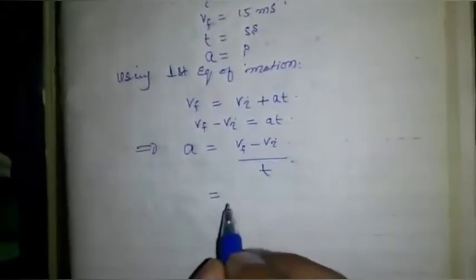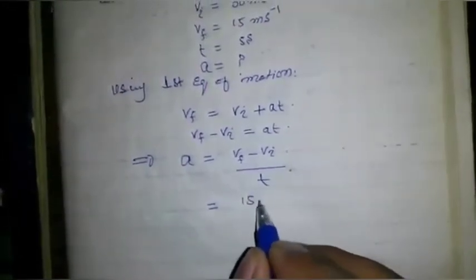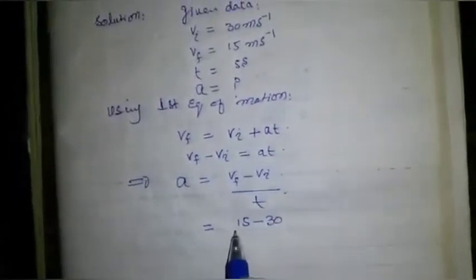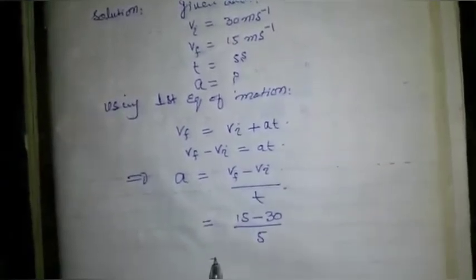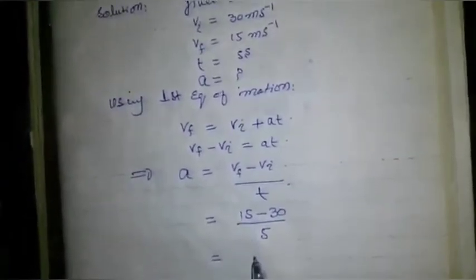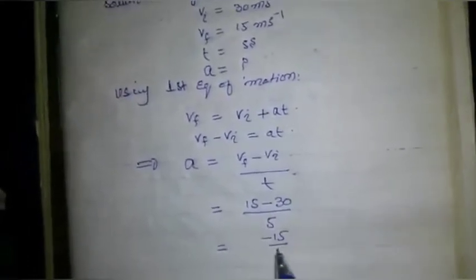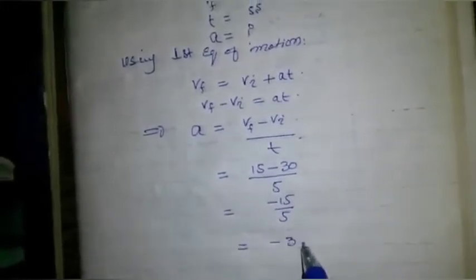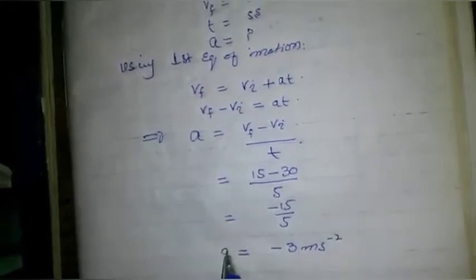Now putting the values, Vf is 15, Vi is 30, over 5, which is minus 15 over 5, which is equal to minus 3 meter per second squared.